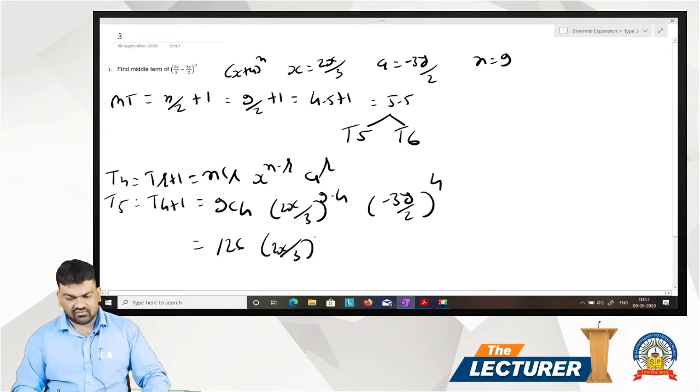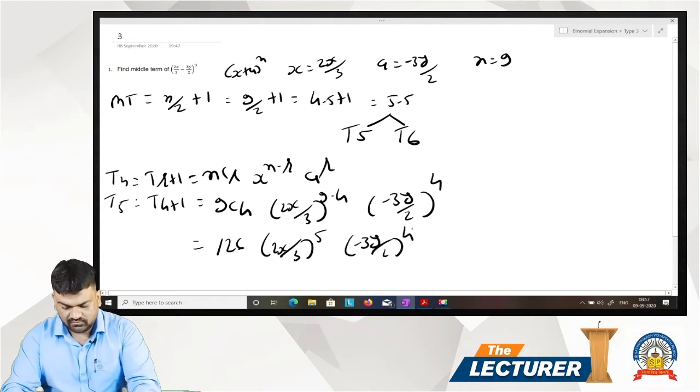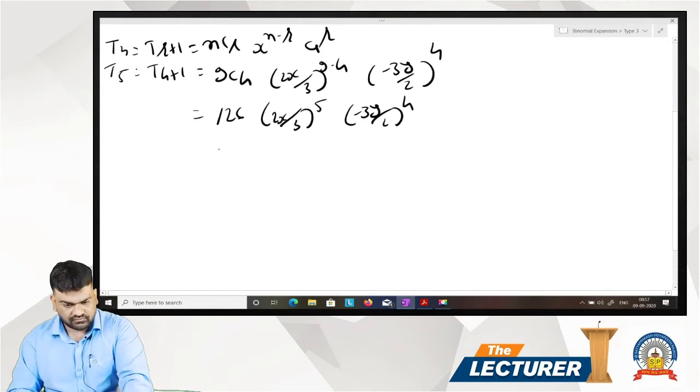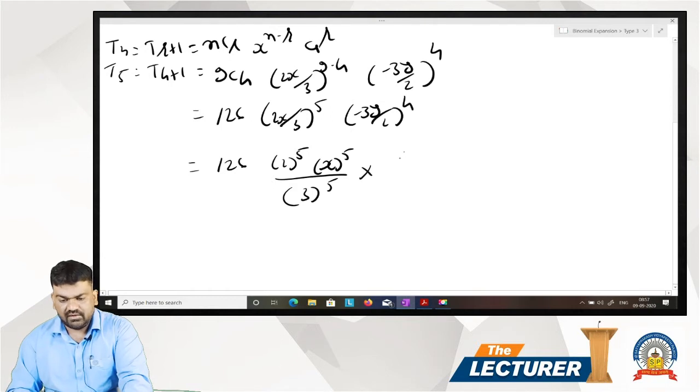2x by 3 raised to 5, minus 3y divided by 2 raised to 4. 126, 2 raised to 5, x raised to 5, 3 raised to 5 multiplied by minus 3 raised to 4, y raised to 4, 2 raised to 4.